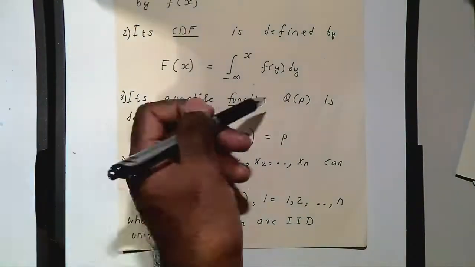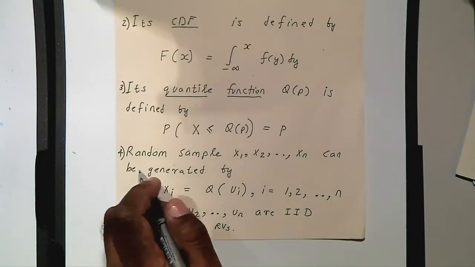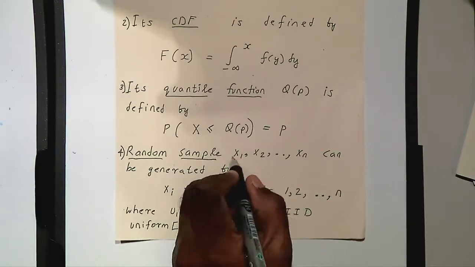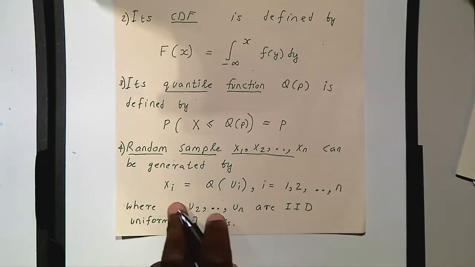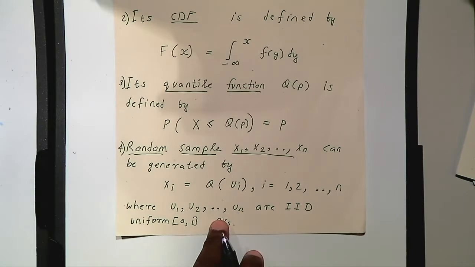Number 3 is the quantile function, which is defined by this. And number 4 is a random sample, which can be generated by this equation here, that xi equals q of ui, where ui are IID uniform random variables, right?